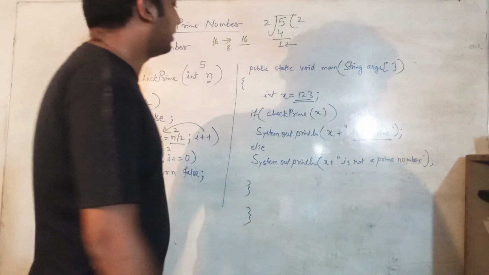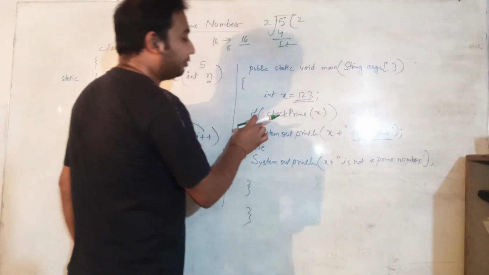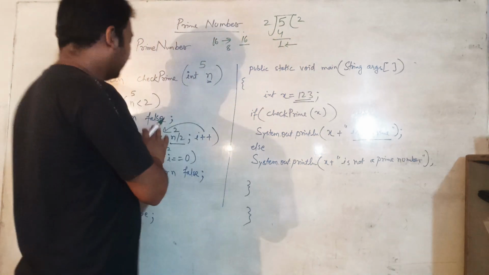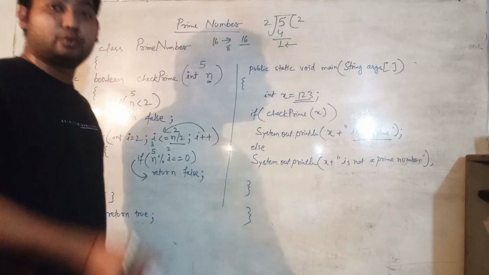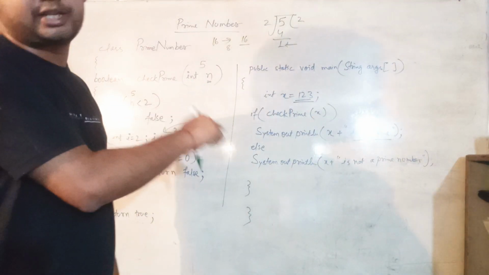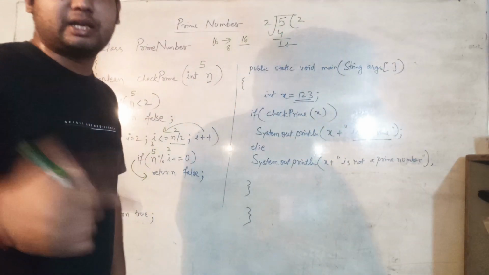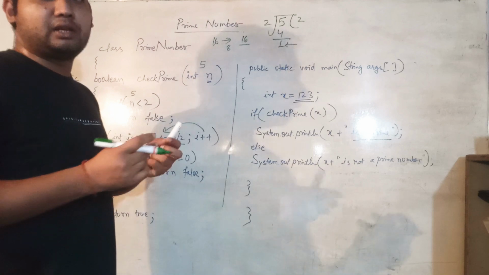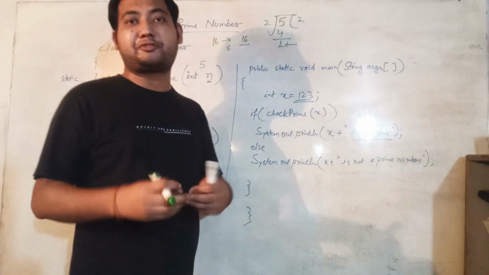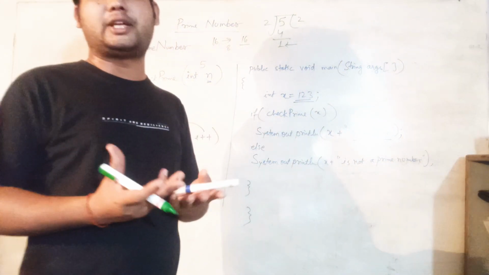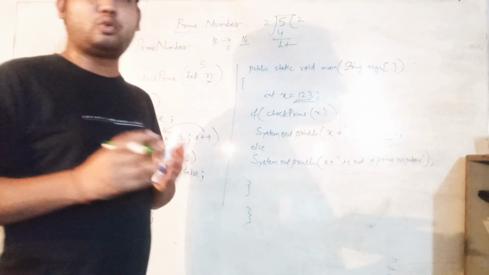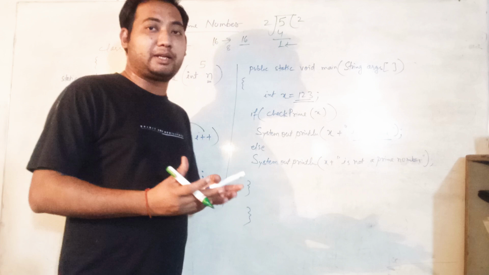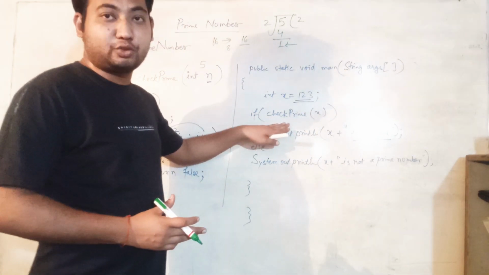So here we will check. Here what we will do, we are simply calling this, all this matter we are calling over here. And students, you see, this is actually abstraction. You study again and again the definition: knowing the essential features without including the background details is known as abstraction. You just cram up the definitions, but you don't think, you don't understand the matter. Here this is the matter which you can understand.